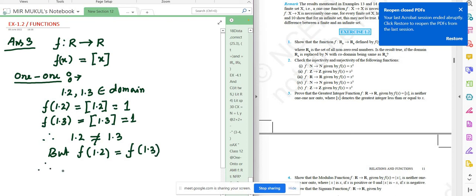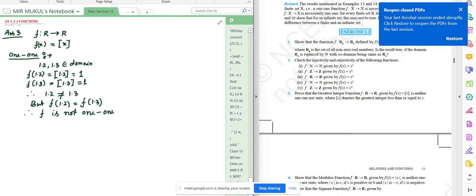Therefore we can say that f is not one-one. Okay, understood? Yes, sir. Now it is also not onto. That means we have to prove it is not onto also. So now check for onto.